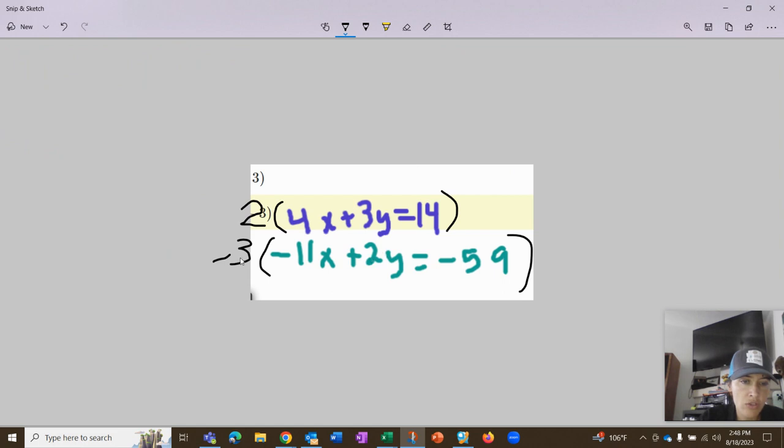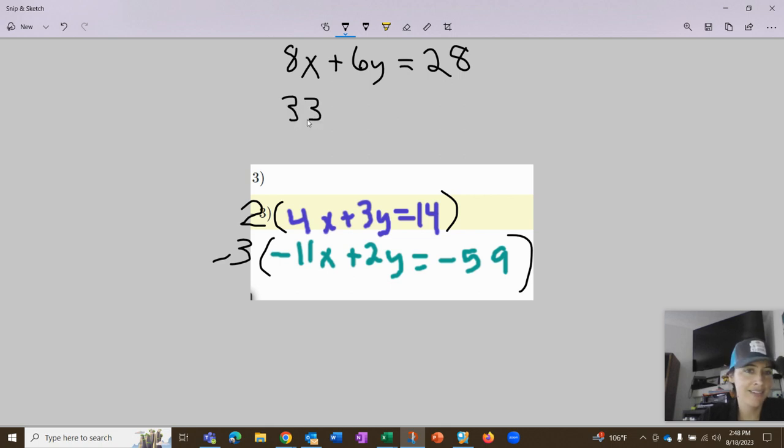So this will become negative 6, and this will become positive 6 when I'm done. 2 times 4x is 8x plus 6y equal to 28. Negative 3 times negative 11 is positive 33. I, like you, also don't like negative numbers unless they're useful to me.